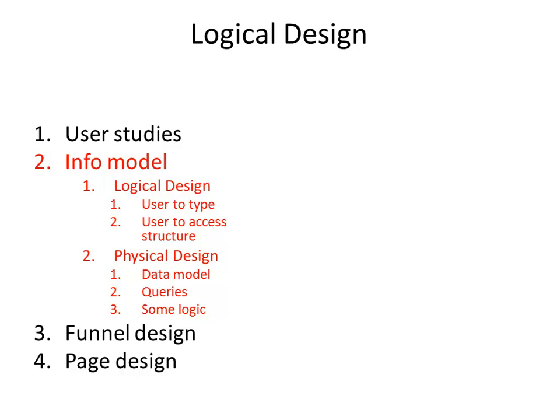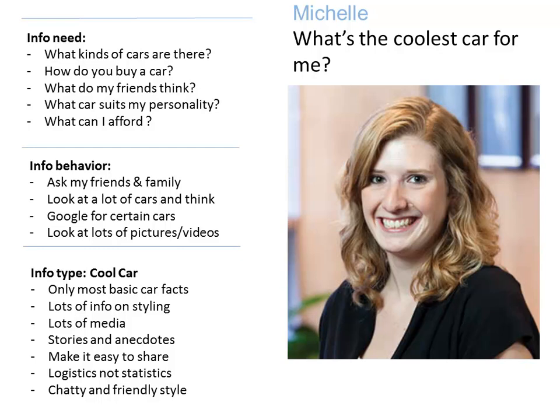Okay. So heads up on needing to design some web pages, and if there's no CSS skills in your team, let me know and we'll compensate for that. All right. So here's where we ended. We have a person, Michelle, and her information need is what's the coolest car for me. She's newly into some money and she wants to buy a car, and we're going to get her to the right car for her.